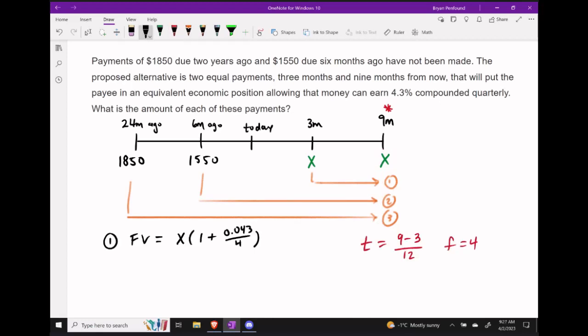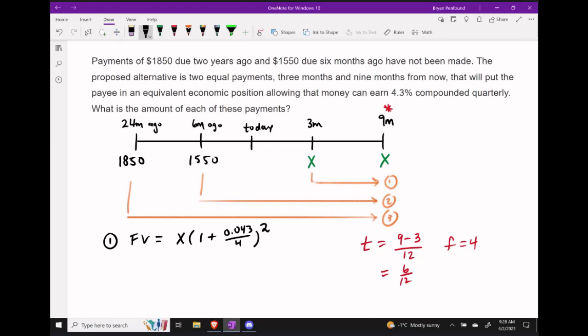So let's begin with step number 1, which is to calculate the future value of x dollars, and we need to move it forward from the 3-month mark to the 9-month mark. Here, we know that the frequency value is 4 because we have money that's compounding quarterly, but how many months are in between our 3 to 9-month mark? Well, we actually have 6 months here. So when we multiply t times f, we should see that we actually go through 2 compounding periods.